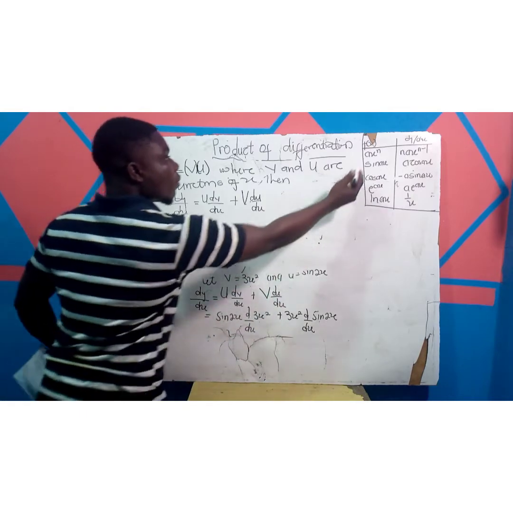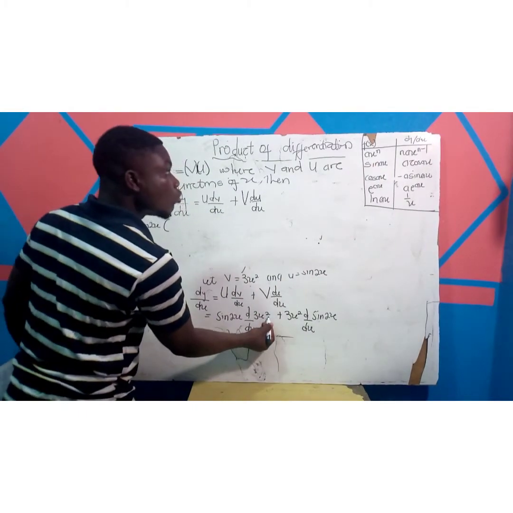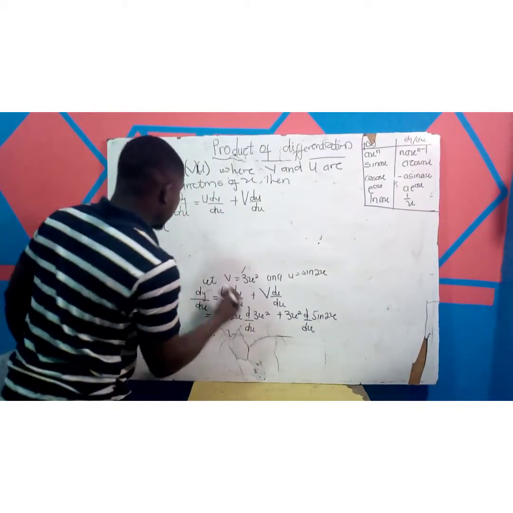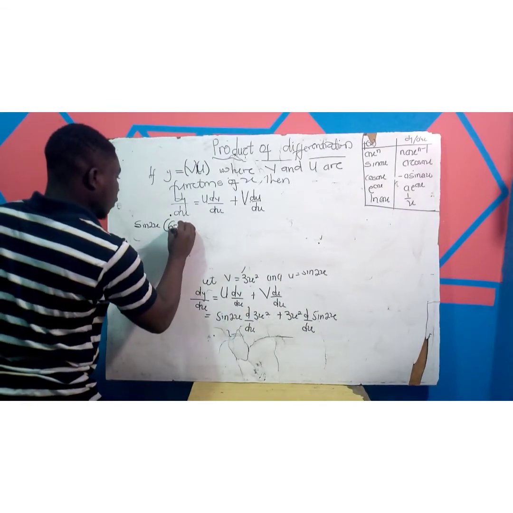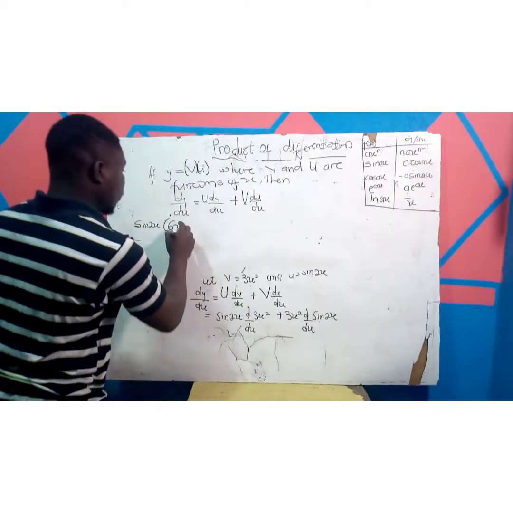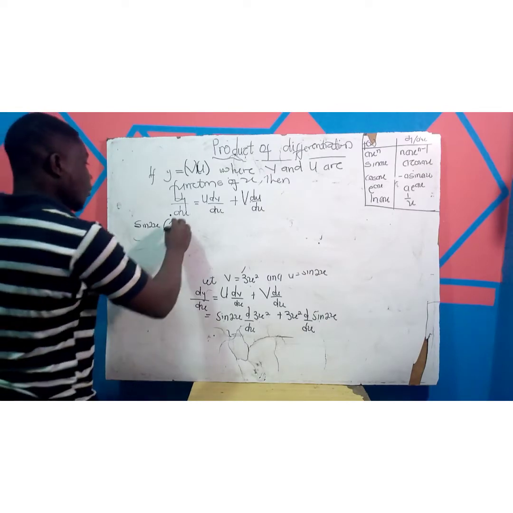This is in the form ax^n, where our exponent is 2 and our coefficient is 3, so 2 times 3 is 6. Reduce the exponent by 1, so it's left with 6x.